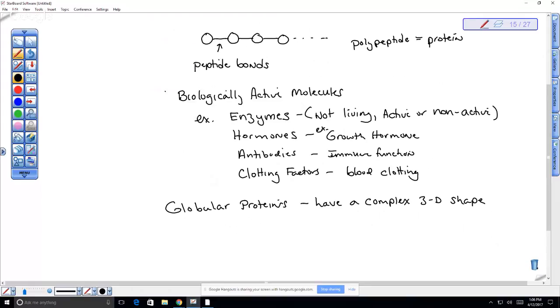So we have folding of the polypeptide. All of these that I just talked about are soluble in water. Right? So they can go into solution.